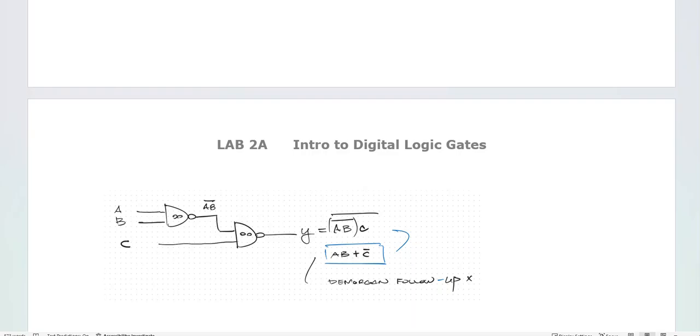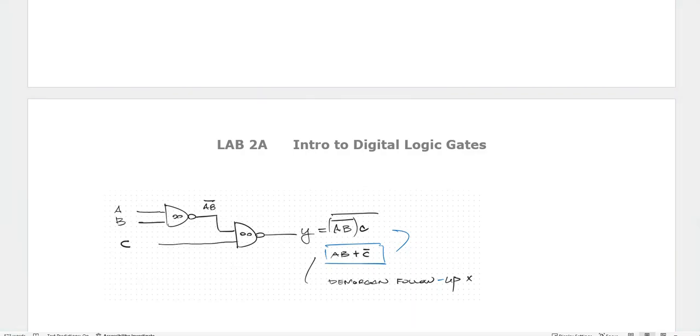So that's going to be barred, so the whole equation is going to be barred. According to De Morgan, which we haven't gotten into yet, there'll be a short appendix at the bottom of the updated lab to explain this. It's not too bad, but this will get more into Boolean algebra and how we reduce the equations as well.